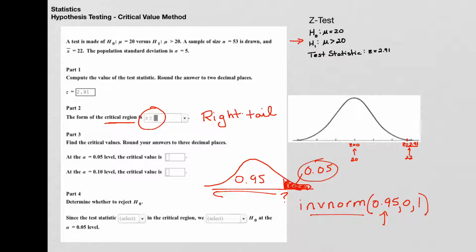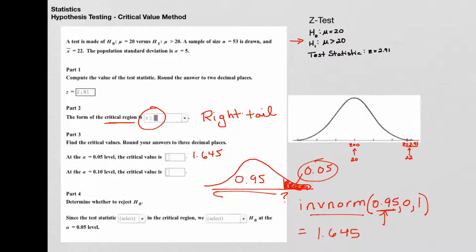The inverse norm function always works with the area to the left. So this is what we're going to enter. And what does that turn out to be? That would be 1.645. So 1.645 is my critical value if alpha equals 0.05.